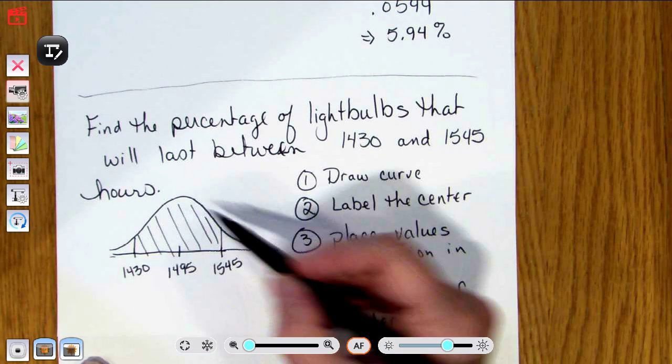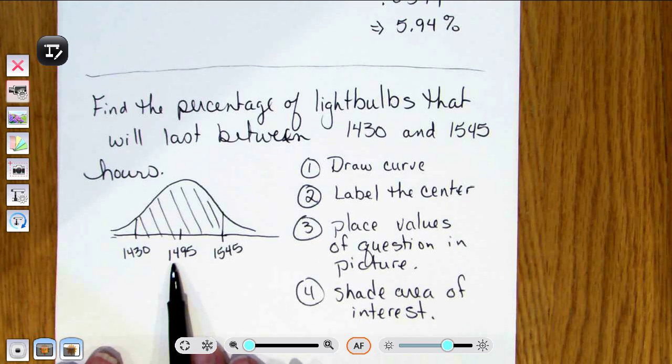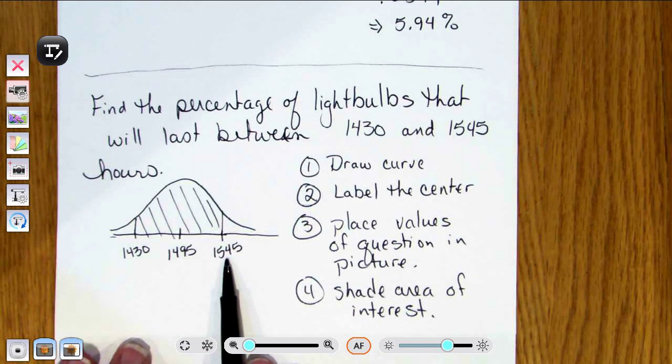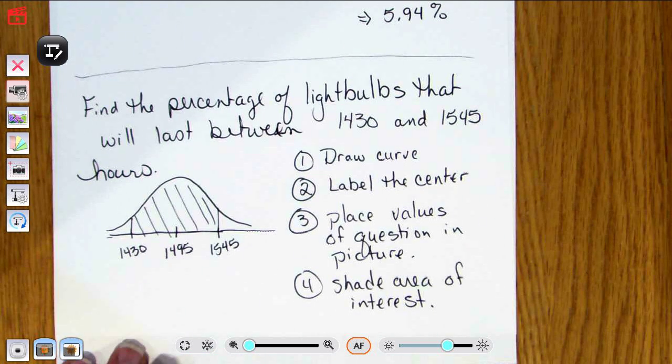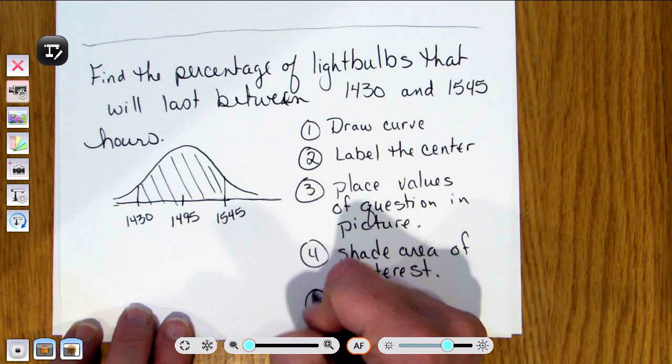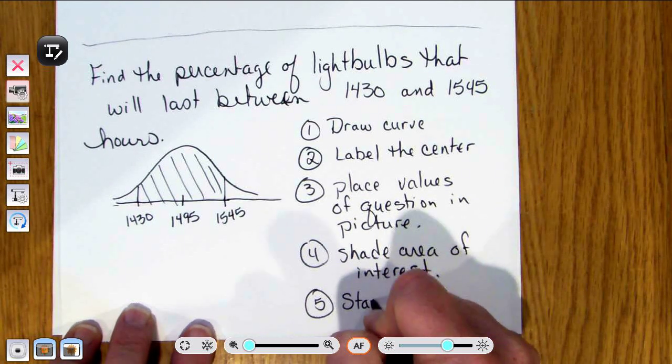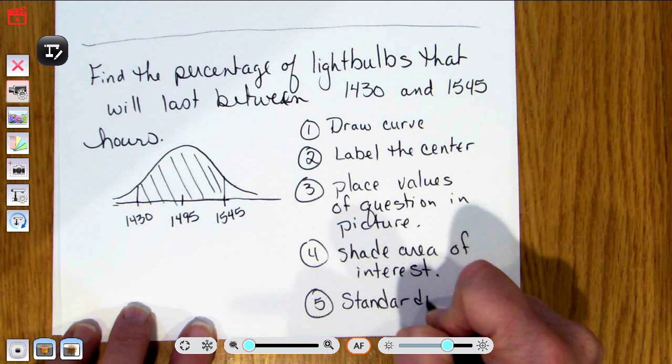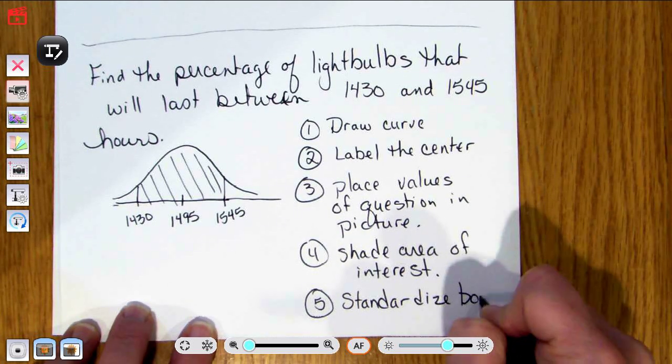Okay, so we drew our curve, we put in the 1495, we labeled those values, we shaded where we're looking. The next step is to standardize the boundary values.